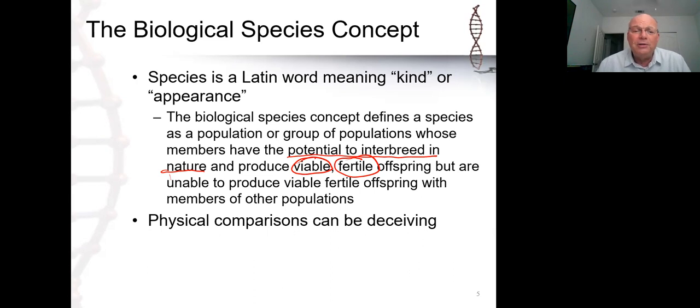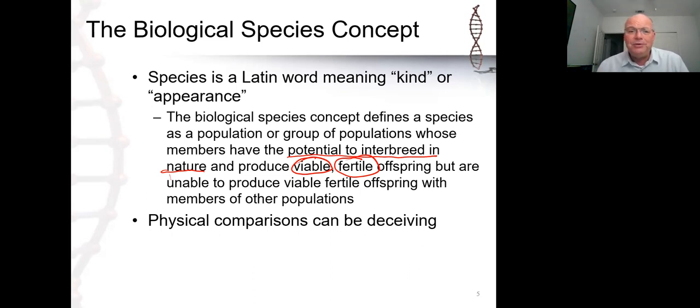Not only do those individuals have to produce viable fertile offspring, but the offspring of the offspring must also be viable and fertile, because there is a reproductive barrier, and that's what this discussion is all about, reproductive barriers, that kicks in even at that stage, even if they are capable of producing fertile offspring. That's not a guarantee that these are still members of the same species.